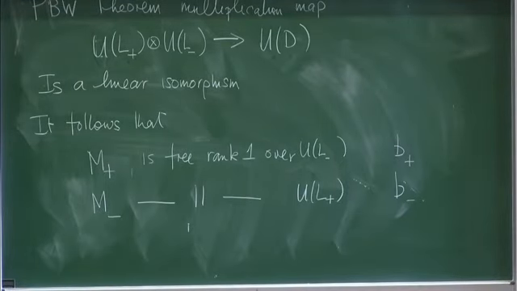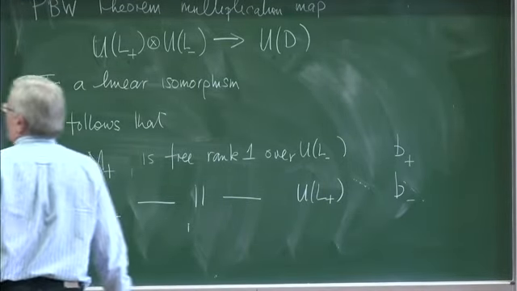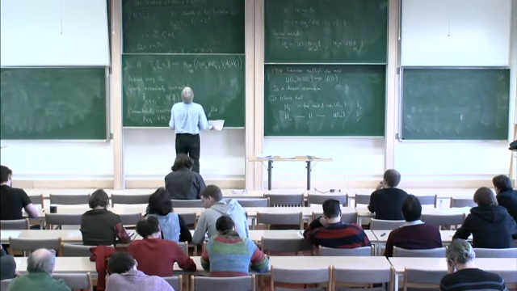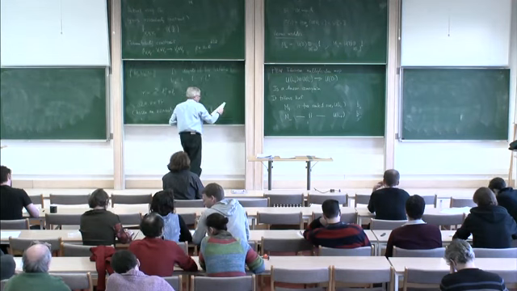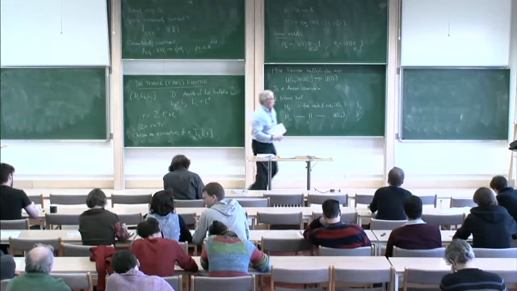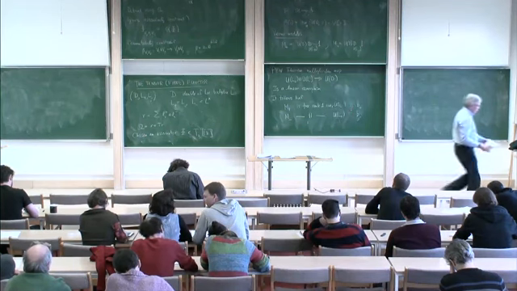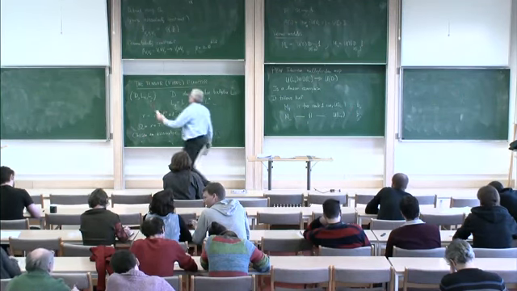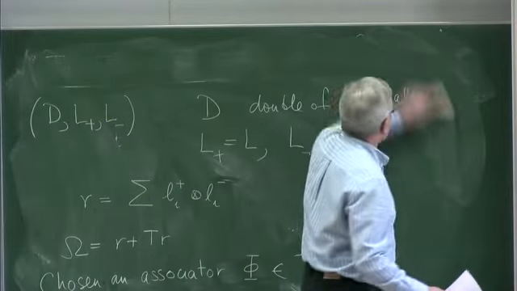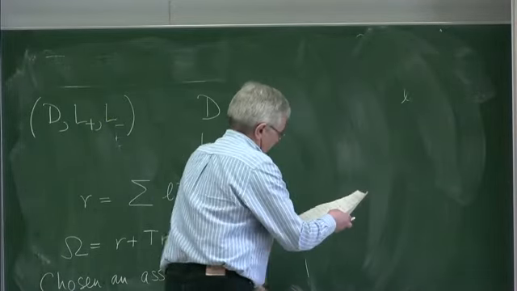But these modules have the following property. What we get is an isomorphism of modules from the universal enveloping algebra to M plus tensor M minus, and that's the kind of decomposition which I'm going to use all the time.